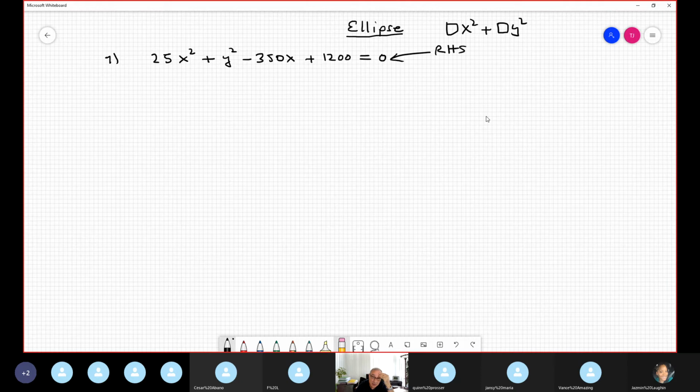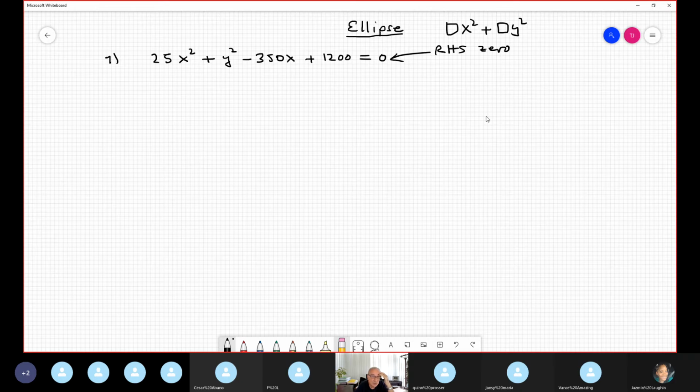But in order to find the vertices, the foci, and the endpoints of the minor axis, you need to express it in standard form. To express it in standard form, I need to complete the square.